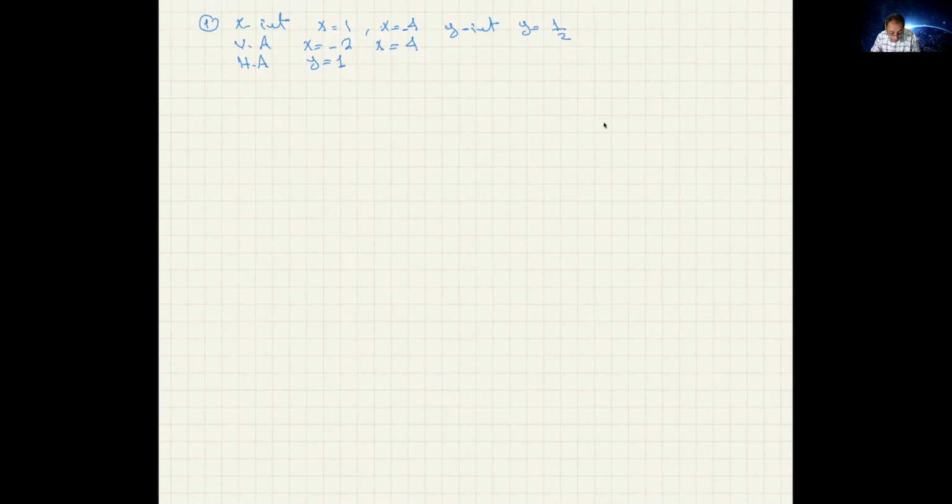And the crossing point here is -4/5 and 1.